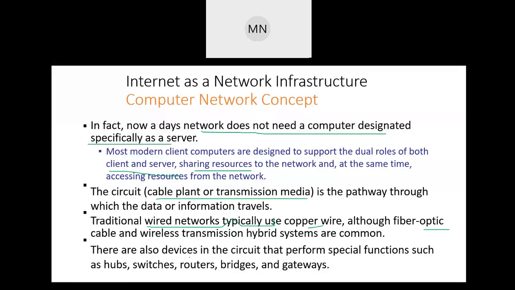The devices used to connect the systems or hosts in a network are called hubs, switches, routers, bridges, and gateways. These are the different devices that are used in a network to connect different systems.